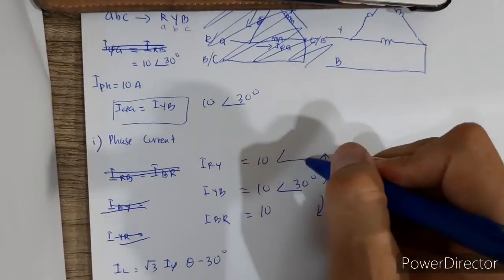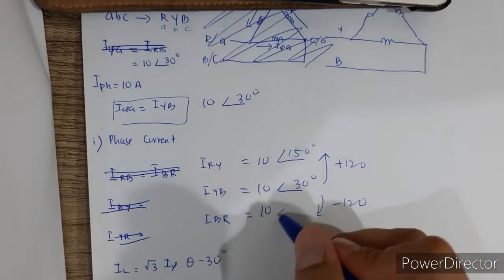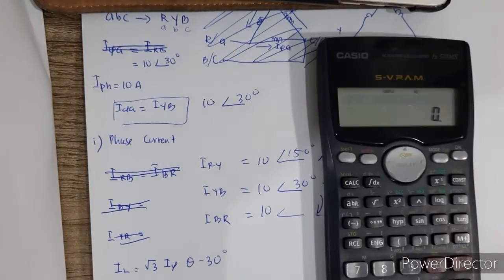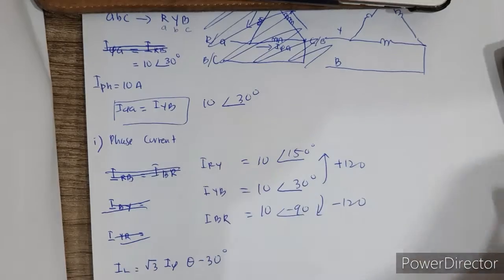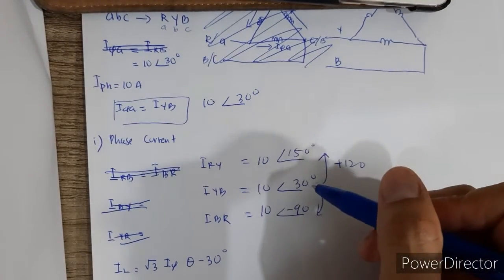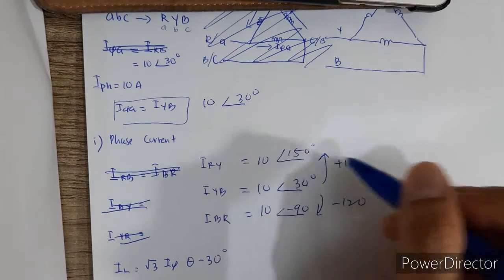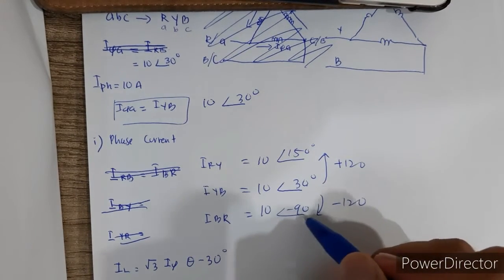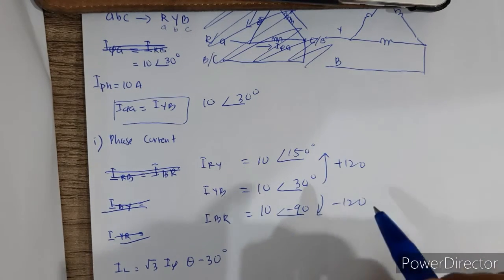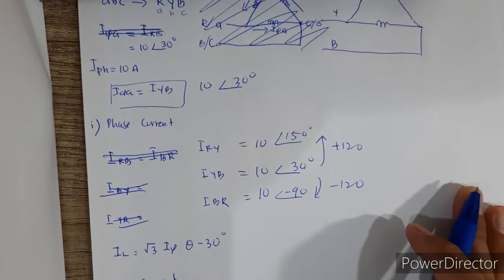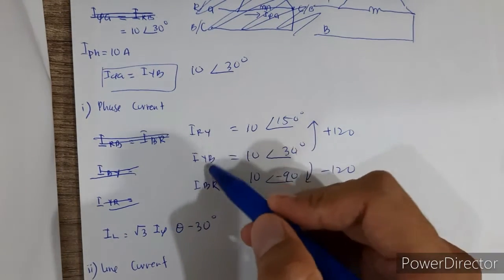So this is 150 in angle, and then this one is 30. 30 minus 120 is negative 90. This indicates that IYB lags IRY by 120, and IBR lags IYB by 120. So that one is for the phase current: IRY, IYB and IBR.